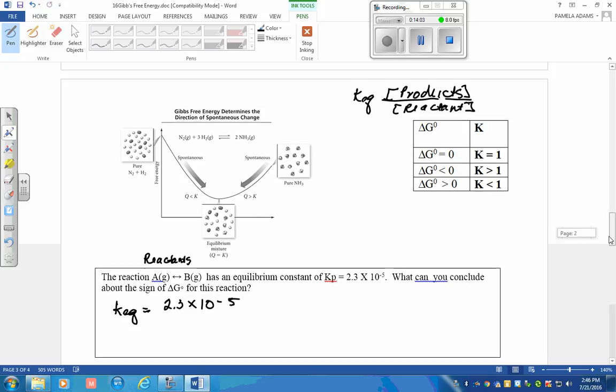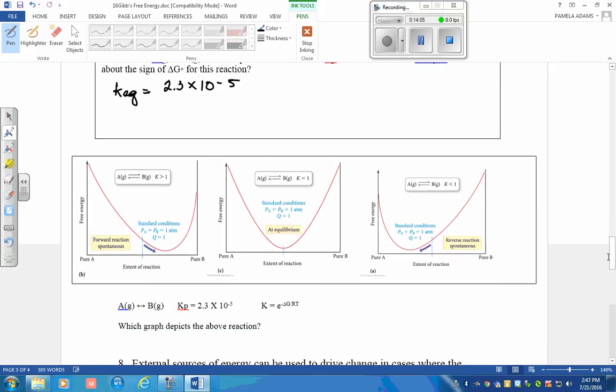So we can conclude when K is less than 1, that G is going to be here. The reverse reaction is spontaneous because the reactants are favored.